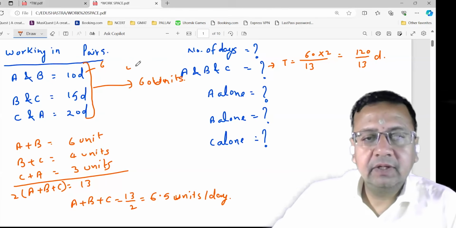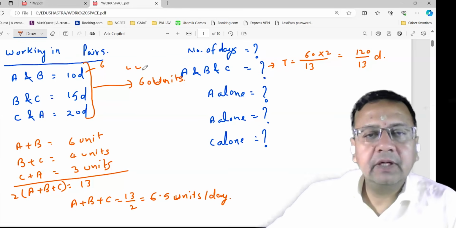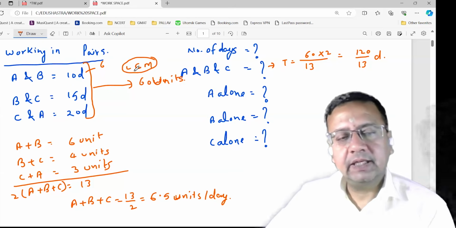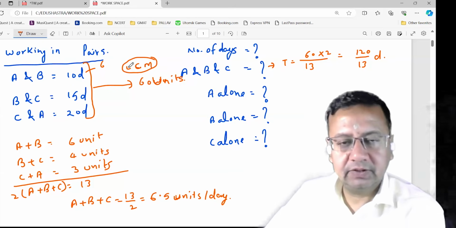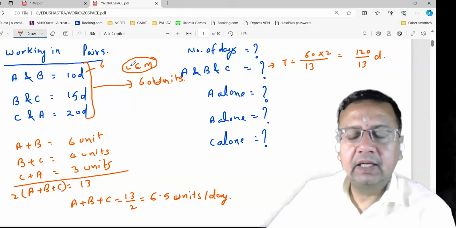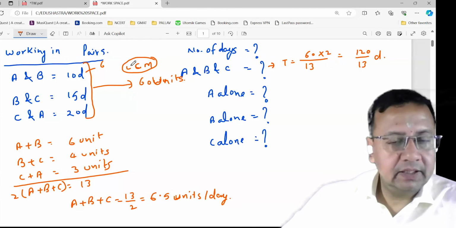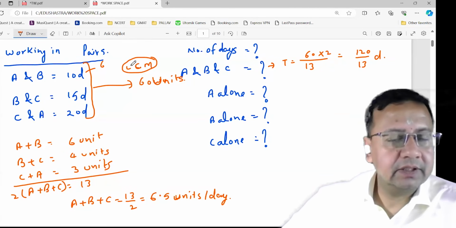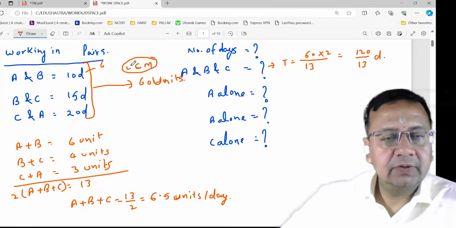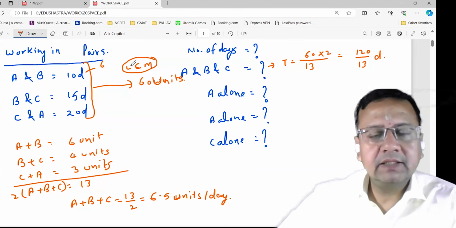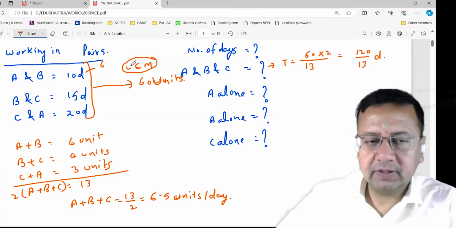Take the LCM, which comes out to be 60. So we take the total work to be finished as 60 units. And if A and B take 10 days, they are finishing 6 units per day. B and C are doing 4 units per day, and C and A are doing 3 units per day.